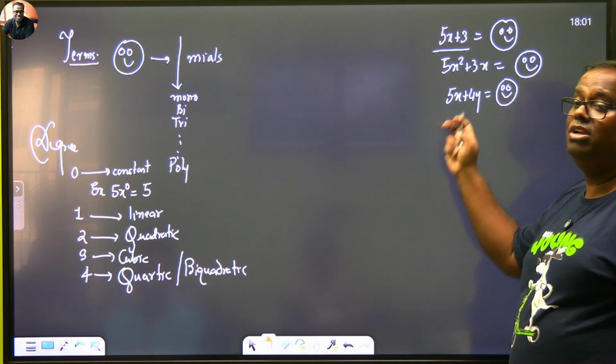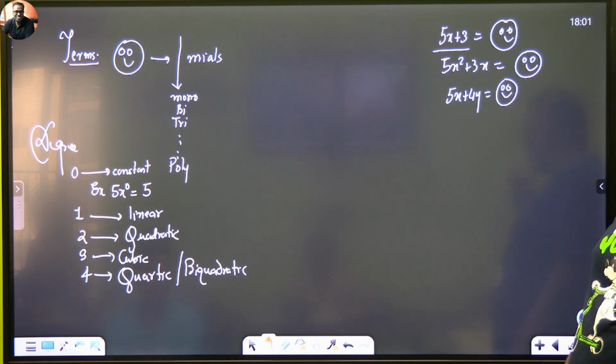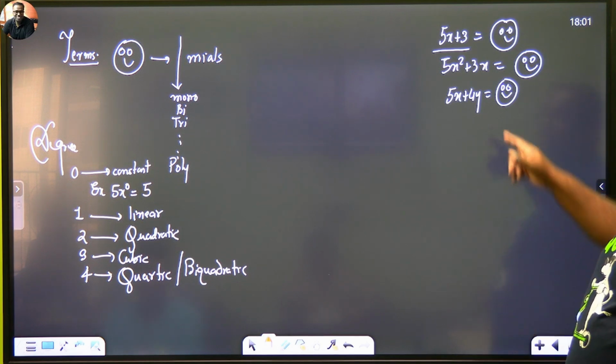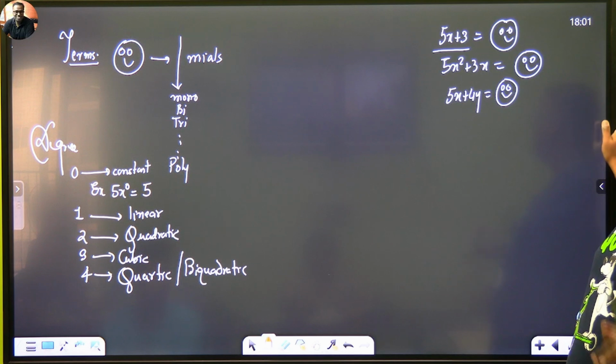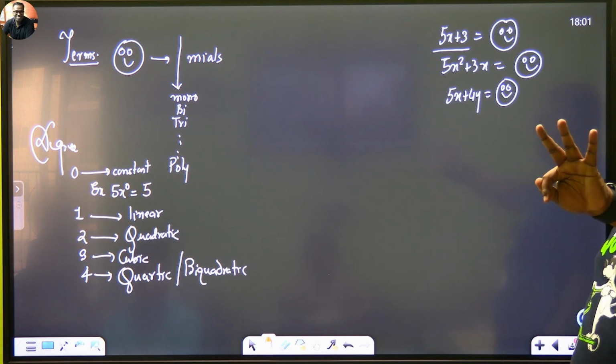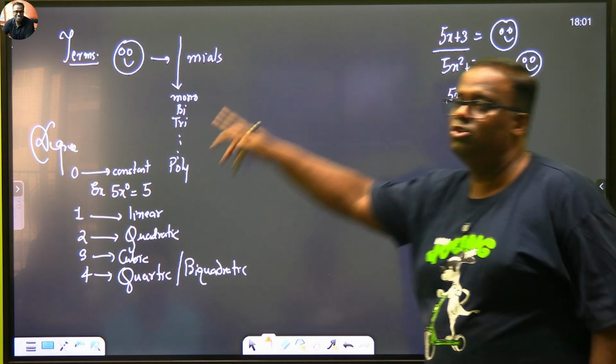So this is called linear equations in 2 variables. When you go to grade 11 or 12, you will get 5x plus 4y plus 10z equal to something, linear equations in 3 variables. But now you are small, so linear equations in 1 variable.